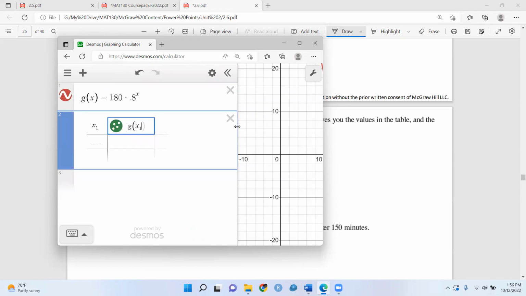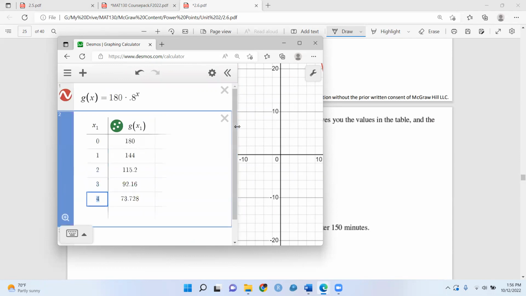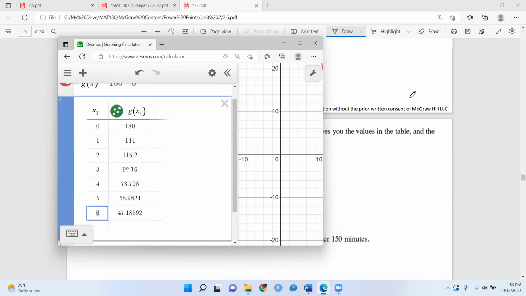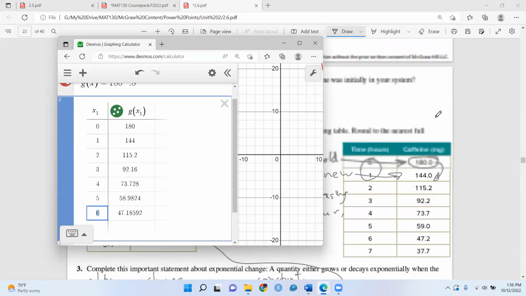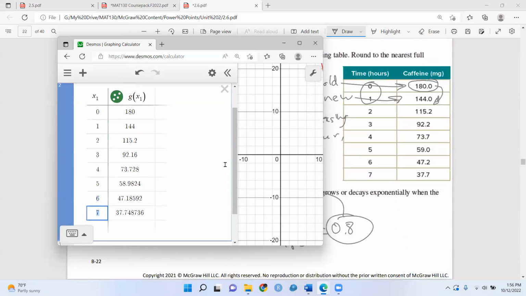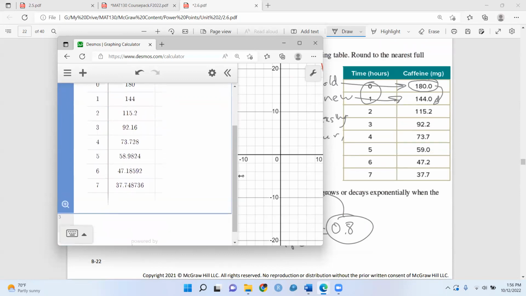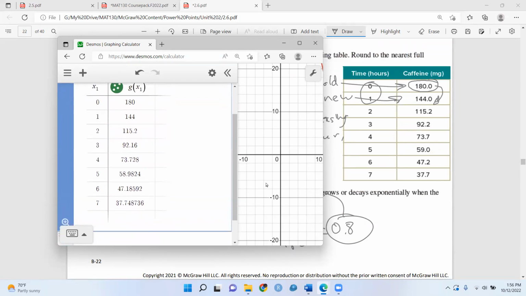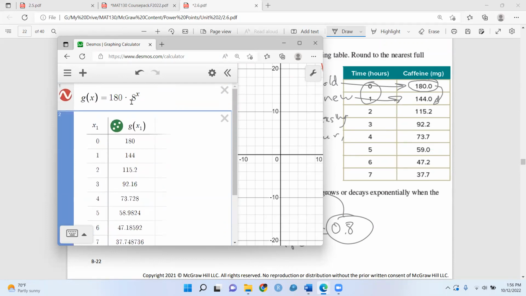Oops, not divided by. And I want 0, 1, 2, 3, 4, 5, 6. I forget how many things did we have? Oh, and 7. So there we have it, not rounded to the same number of decimal places as their table, but nonetheless we can see that this function matches our table.